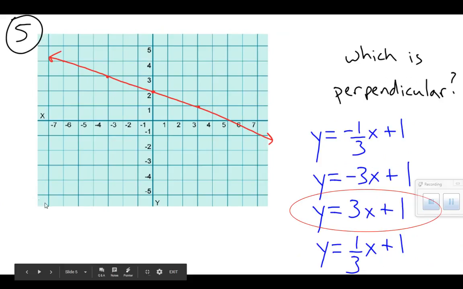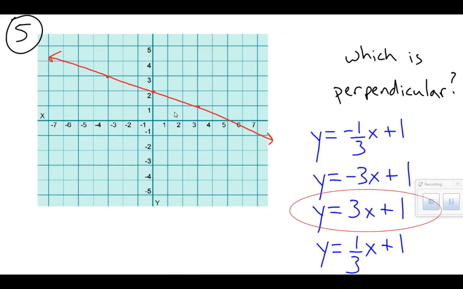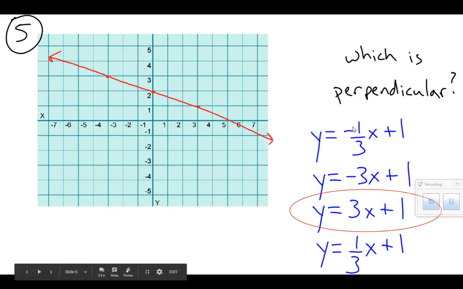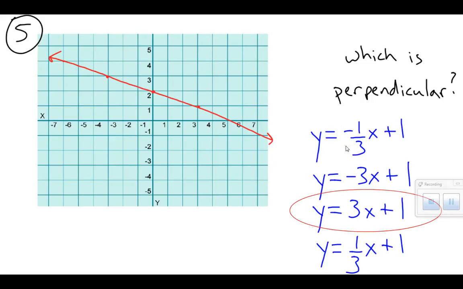Next slide. This one asks, which is perpendicular? So if I go down 1 over 3, that's a slope of negative 1/3. I don't want to pick equal to that because that's not the definition of perpendicular. I don't want to pick the opposite of that. That's still not perpendicular. Perpendicular is the negative reciprocal. So not only am I flip-flopping this, I'm doing the opposite.